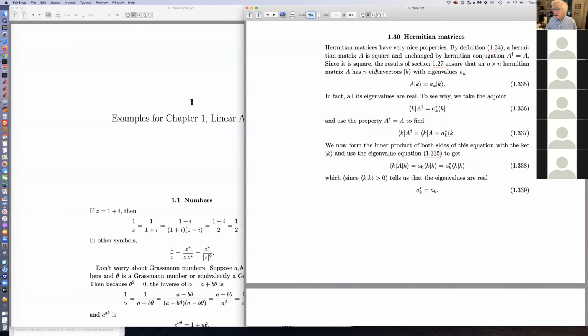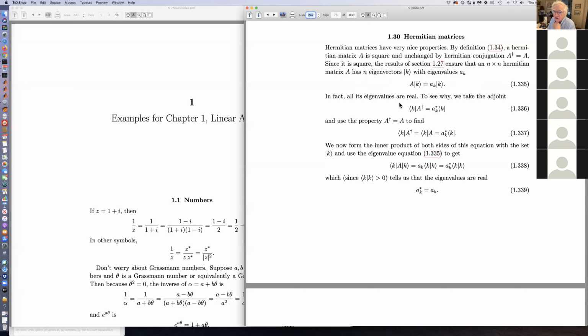Since it's square, we know that an n by n Hermitian matrix has n eigenvectors, n eigenvalues. And what we can see is that all the eigenvalues are real. Of course, this is why you represent physical observables or real observables by Hermitian matrices or Hermitian operators.